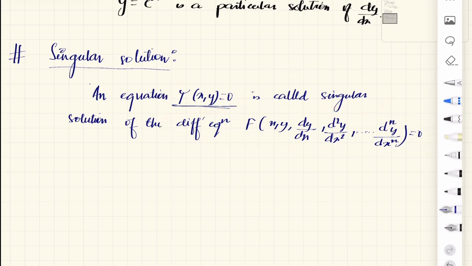How? I'm not finishing the definition. If there is some criteria, let me write it down properly.